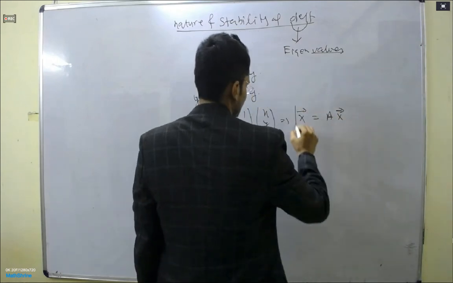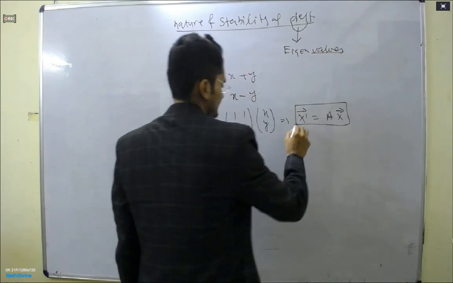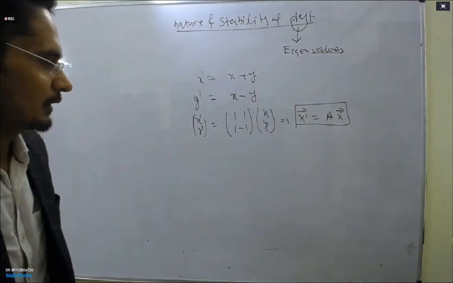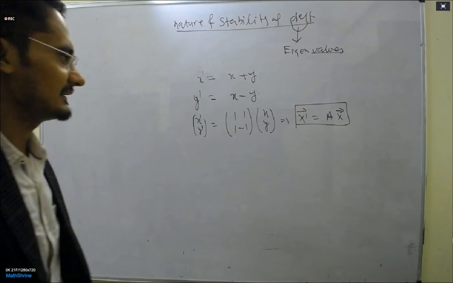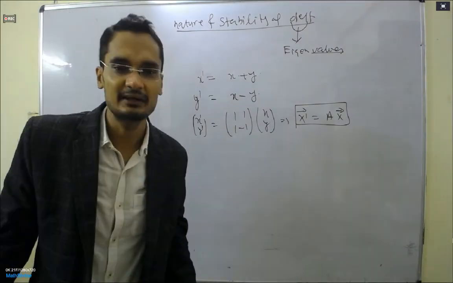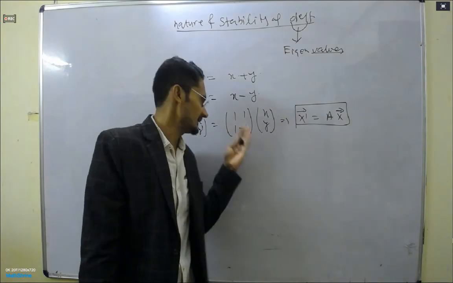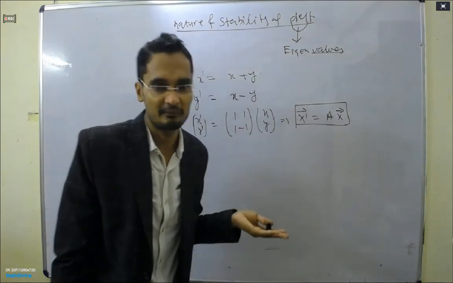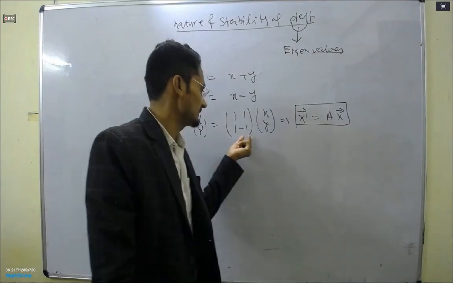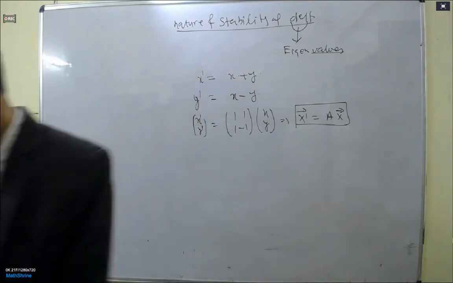It will be lambda squared minus trace of the matrix times lambda plus determinant of the matrix equal to 0. From here, definitely you will get two values, lambda 1 and lambda 2.